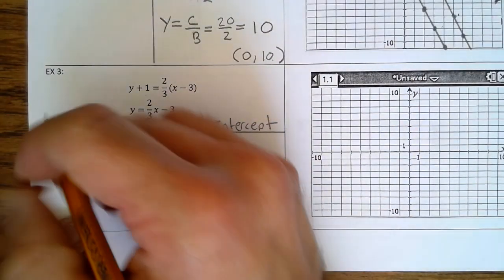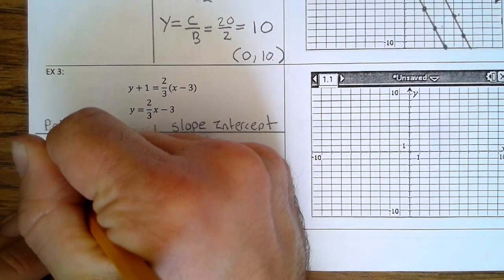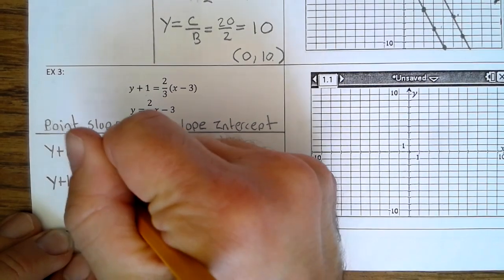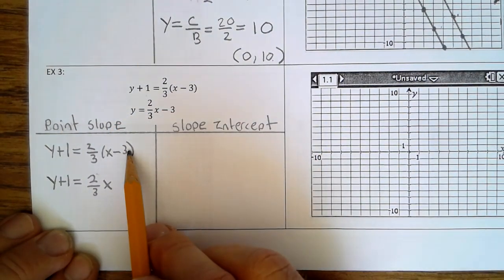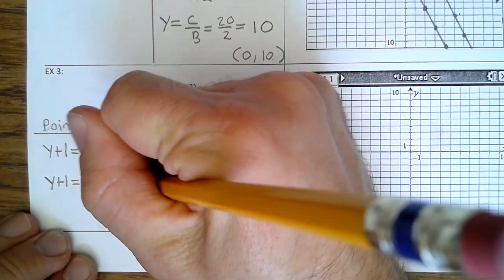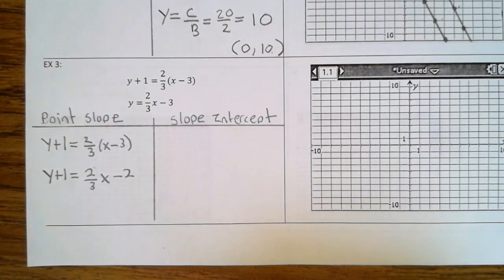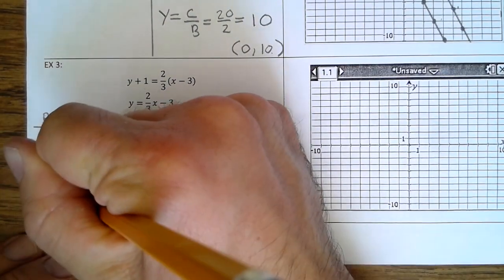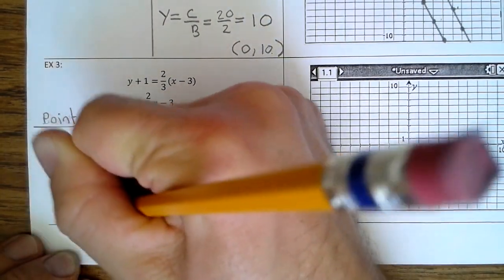So then that's y plus 1 equals 2/3 times x is 2/3 x. 2 times negative 3 is negative 6, divided by 2 is negative 2. And then the last step, we're going to subtract 1 from both sides, so y equals 2/3 x minus 3.